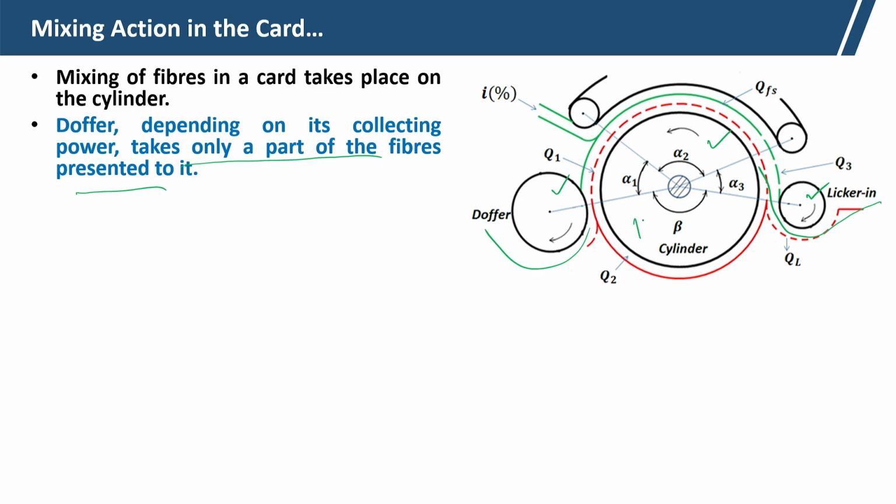So, suppose there is 100 gram of fiber here, it is given to the Doffer, but the Doffer cannot take 100 gram per revolution. Here the Doffer will take part of this, say 10 gram, and the rest, 90 gram, will be there with the cylinder. So, that will rotate as I have mentioned, and mix with the subsequent fiber layer.